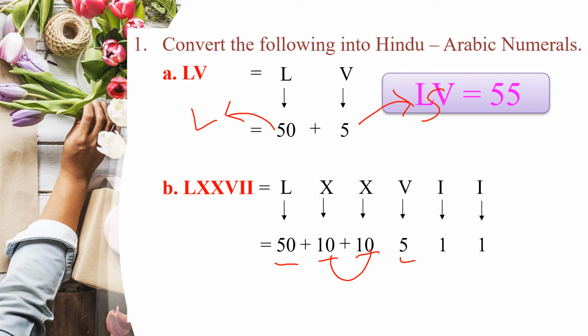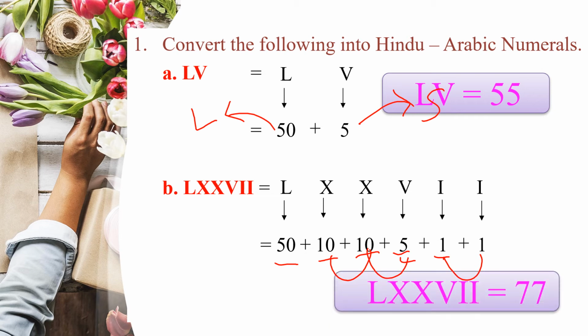Larger number, smaller number, again addition. So 50 plus 10, 60. 60 plus 10, 70. 70 plus 5, 75. 76, 77. Therefore, the value of LXXVII is equal to 77.